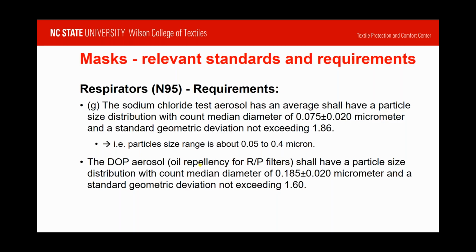I get questions regularly why these numbers are chosen. It is a combination of the challenges that are realistic for many environments, medical as well as other types of environments, as well as something that I think last week was explained by Steve Sharp of the most penetrating particle size, which is usually around 0.3 micron for most filters.